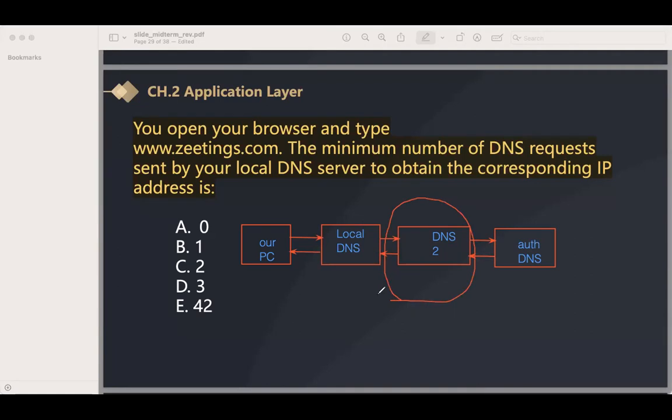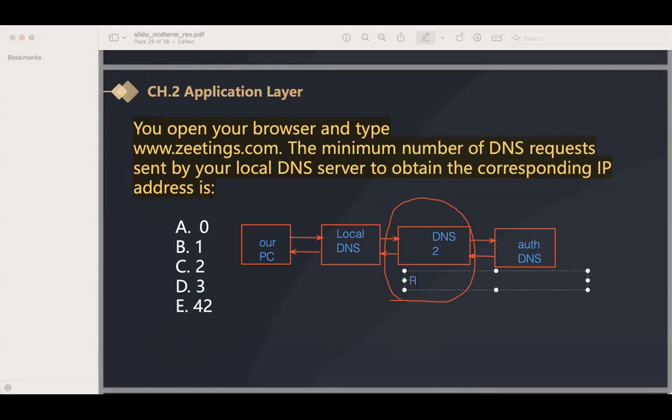But what is the minimum number for this? So you need to consider this case. Someone chose 2 because I drew this graph, but the answer is not 2 or 3. I just want to let you know how the DNS works. In the middle, we may have lots of DNS servers.